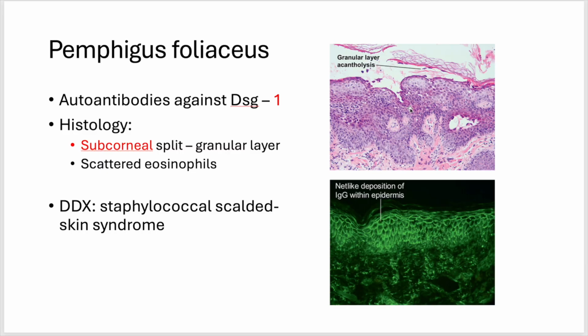Another clue is the inflammation. We talked about pemphigus foliaceus. The inflammation tends to have more eosinophils and lymphocytes, while 4S, since it's a bacterial infection, almost always has no eosinophils or lymphocytes. You may see some neutrophils, but it is caused by toxin, not by bacteria itself.